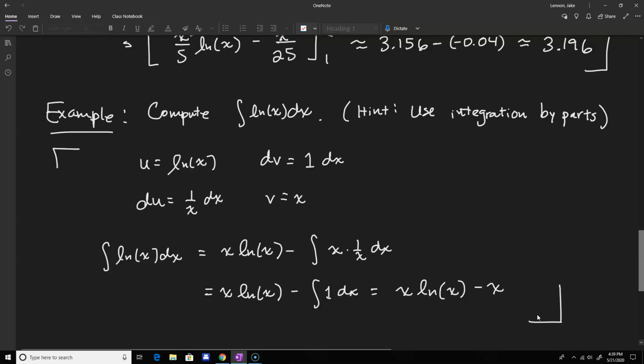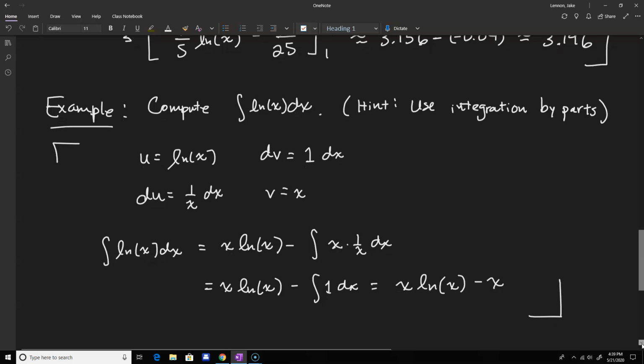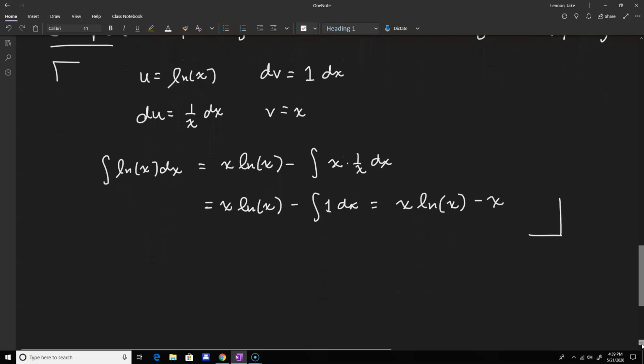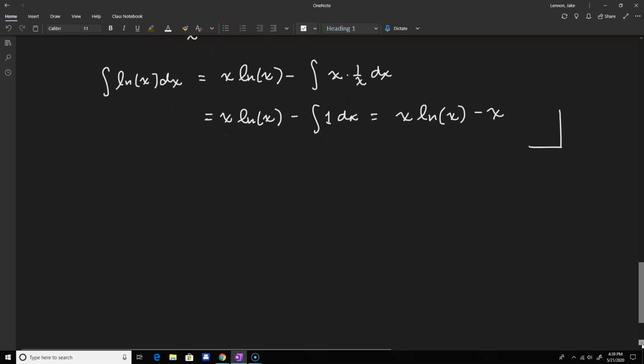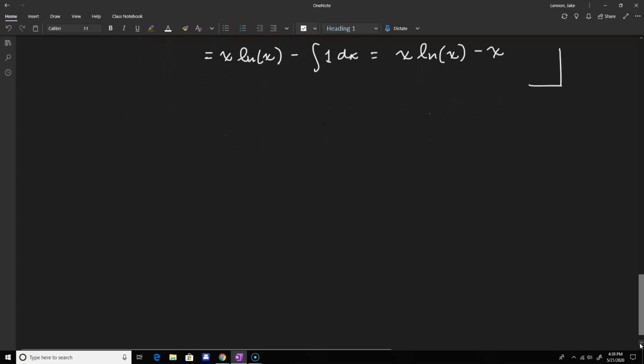Okay, so let's continue with one that's maybe a little bit trickier, but is pretty cool. It's a little bit of work. And then after that, we'll get into some other examples with maybe some trig functions and stuff. But I want to do one more with polynomials, because those are our canonical examples.